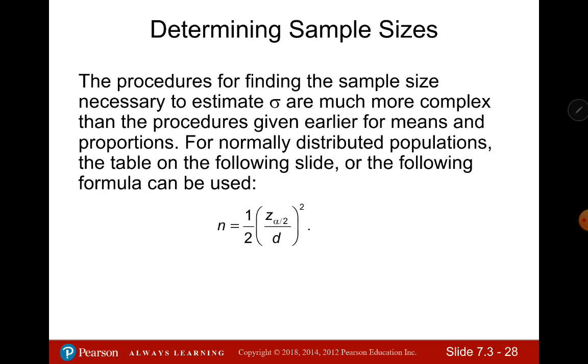Okay, we will also need to know how to find the minimum sample size when we try to construct the confidence interval for variance. So we use this formula. No matter what table we're going to use to find the critical value when we construct the confidence interval, when we talk about the sample size, you realize we only have one critical value.